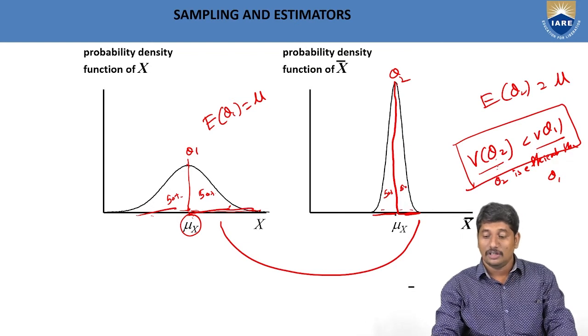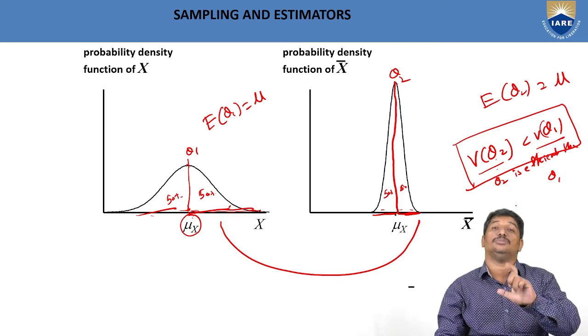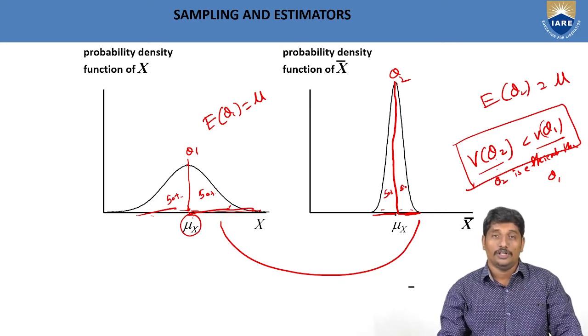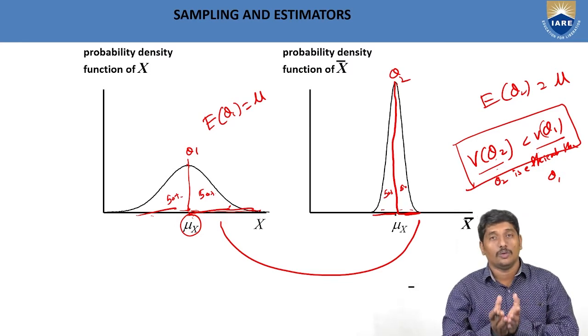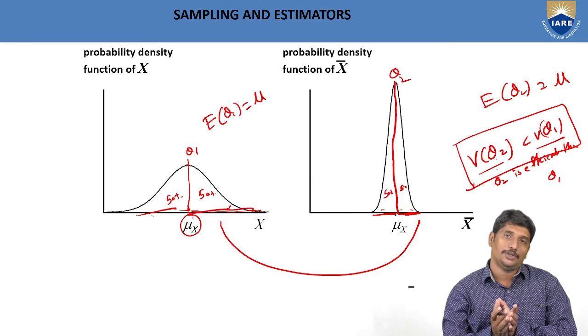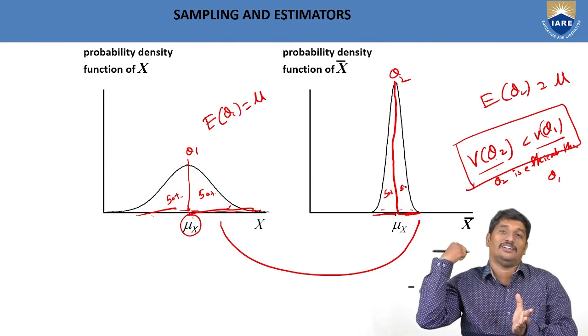If variance of theta 2 is less than variance of theta 1, we call theta 2 an efficient estimator of the population parameter. That means when we have more than one unbiased estimator, to pick the best one, we calculate the variance.